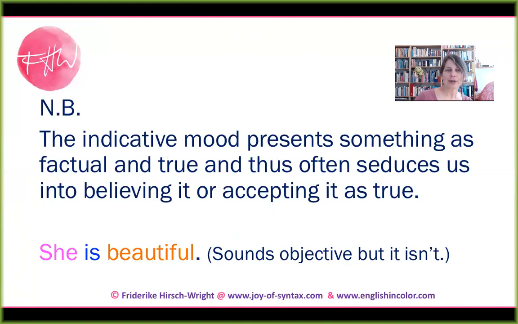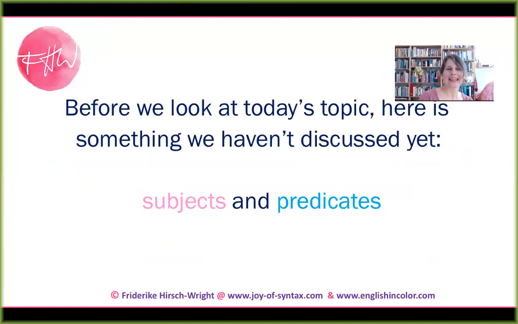And so the present tense, and especially the link verb in the present tense, often seduces us into believing what has been said in that form or shape as true. And of course, it doesn't have to be true. Like when I say, oh, this dog is beautiful, and that's my opinion, but I presented it as a truth. Of course, it's true to me, but it's always good to take yourself not too seriously.